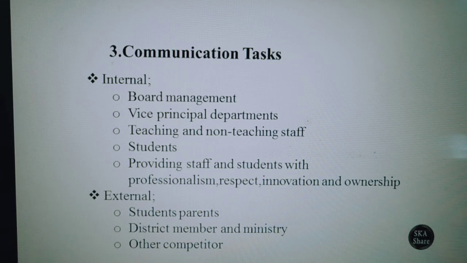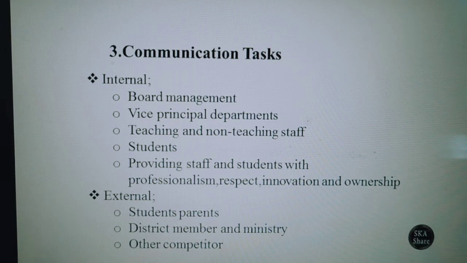And external communications. The school principal needs to have very good communication with student parents in order to share results or discussions, providing ideas or reports to parents.